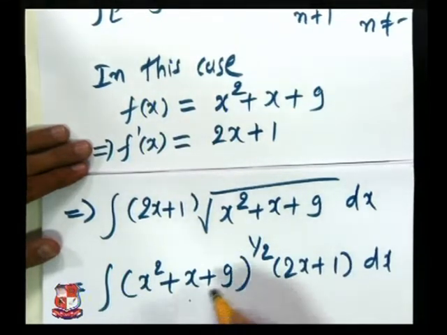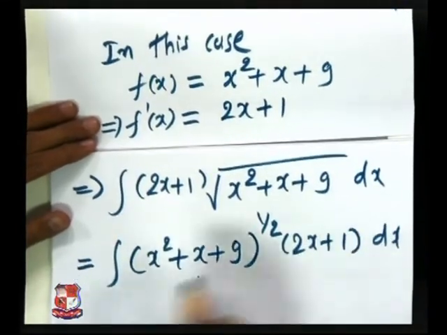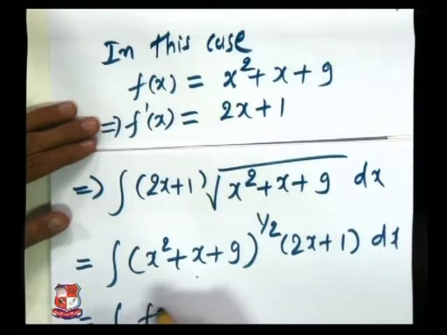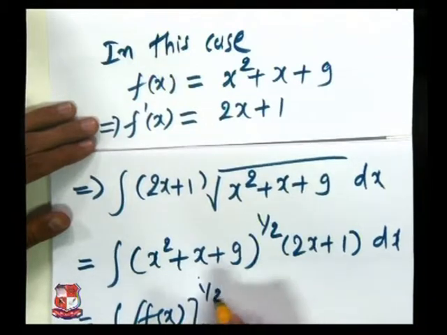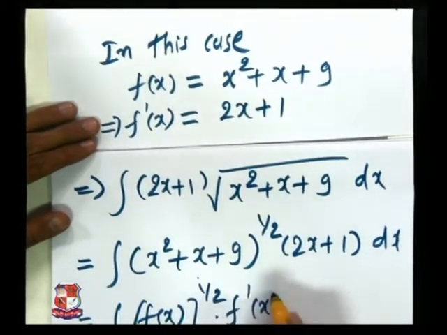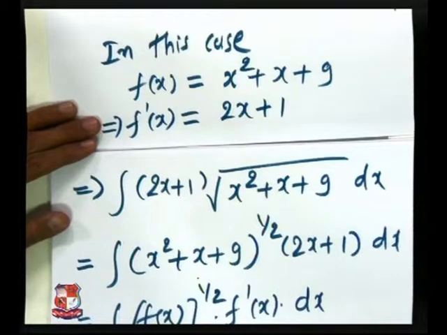This is f(x) raised to n into f dash x. This one is f(x) raised to 1/2 into f dash x into dx, right?